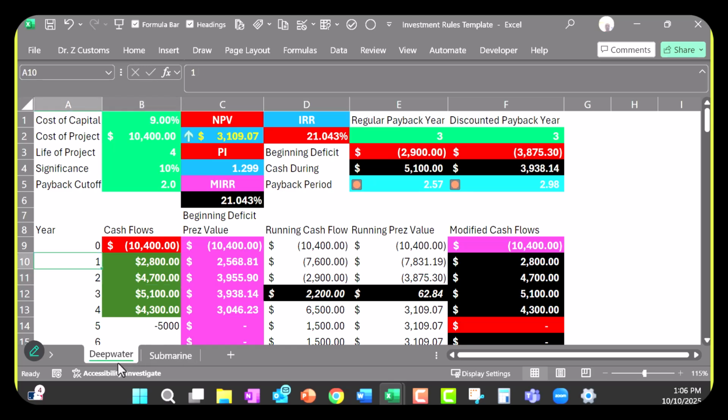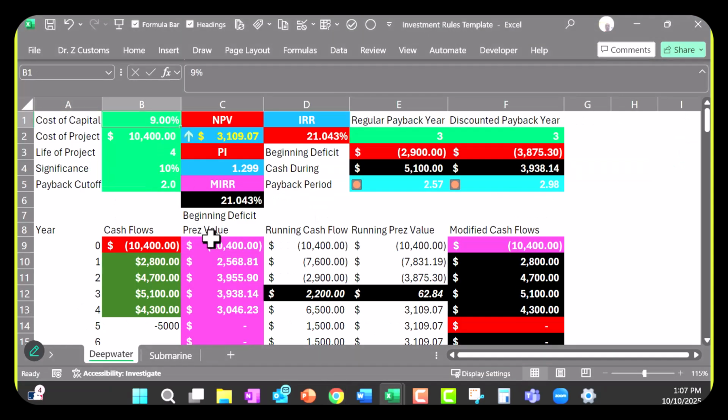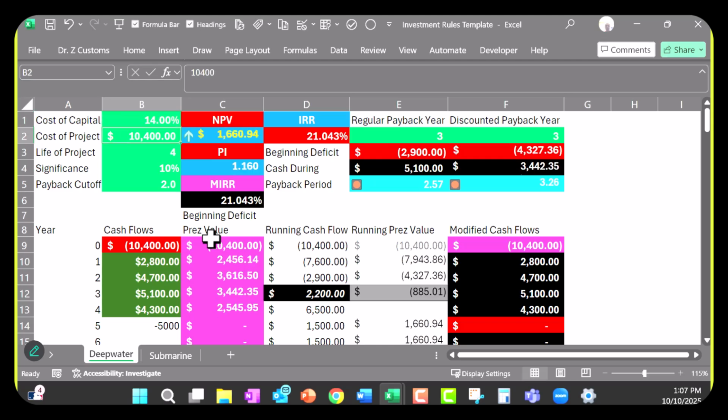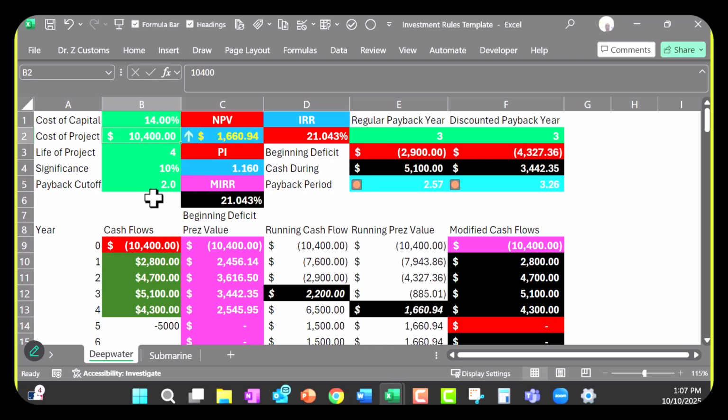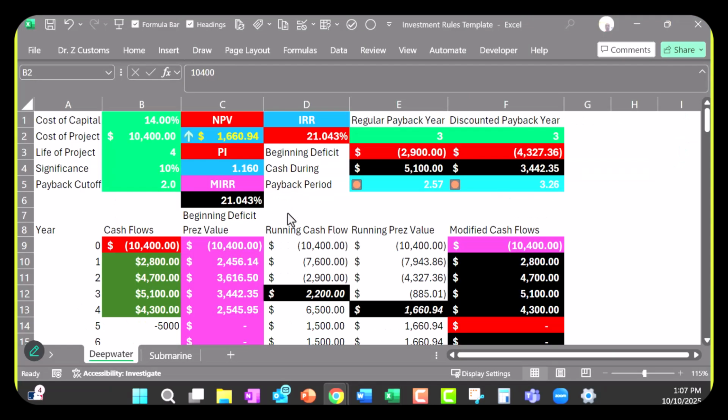All right. Our first task is to enter the proper inputs. Both projects require 14% return, so that's the cost of capital. Remember, anything with a green background, either light or dark, they are kind of input cells. Cost of this project is $875,000.